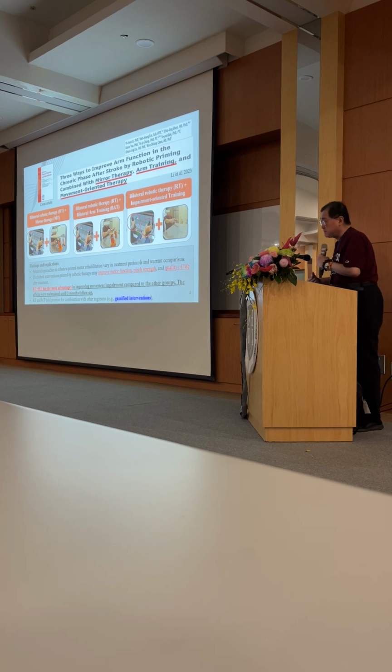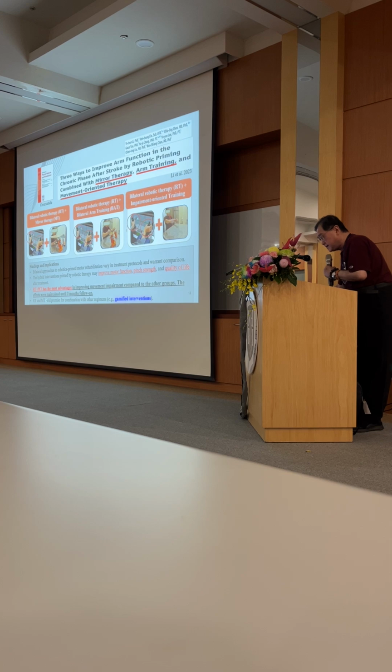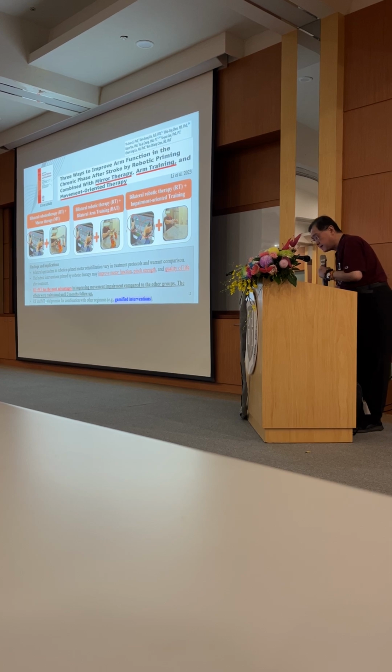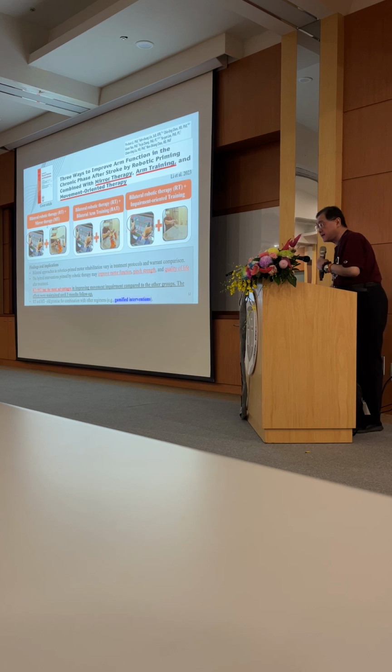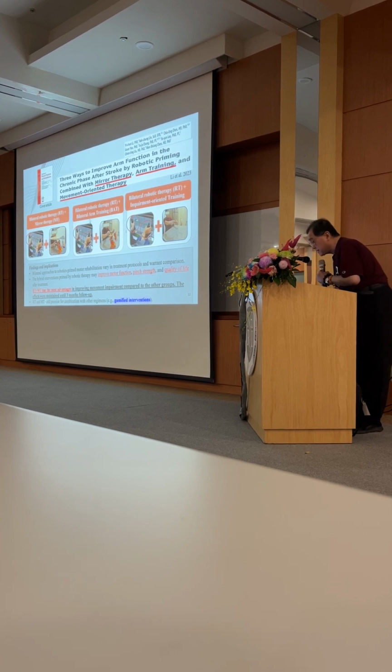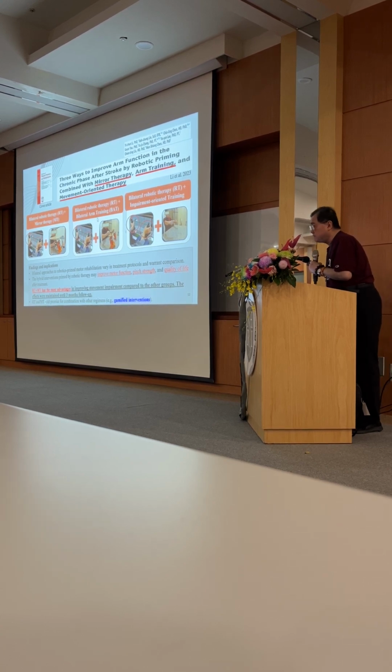Inspired by the finding of the merits of the bilateral approach to stroke rehabilitation, we moved ahead to study bilateral robotic therapy plus bilateral mirror therapy as the experimental group, as compared to the comparison group of bilateral robotic therapy plus bilateral arm training without mirror visual feedback.